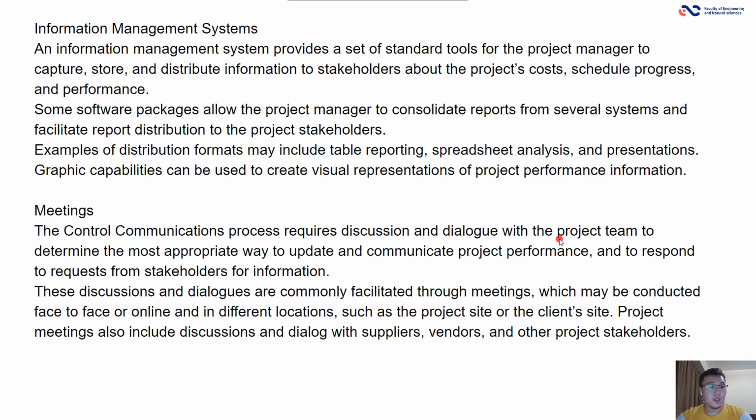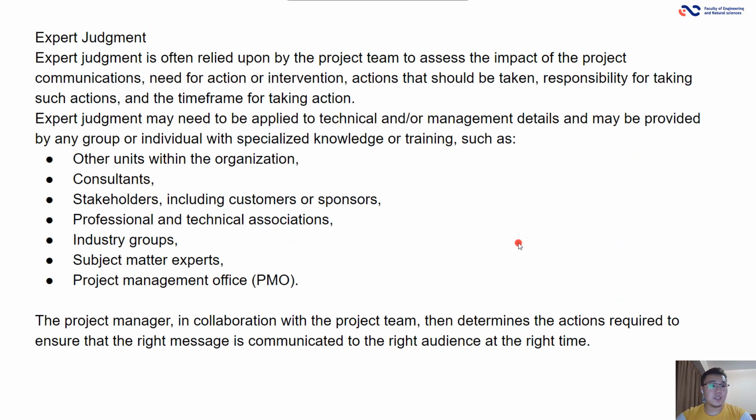Meetings. The control communications process requires discussion and dialogue with the project team to determine the most appropriate way to update and communicate the project performance, and to respond to requests from stakeholders for communications. Expert judgment.